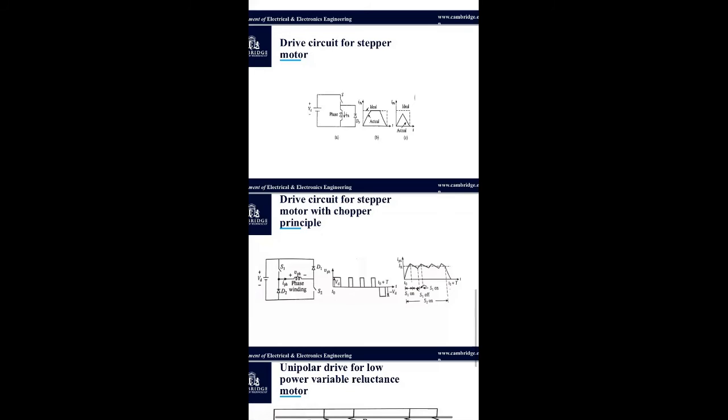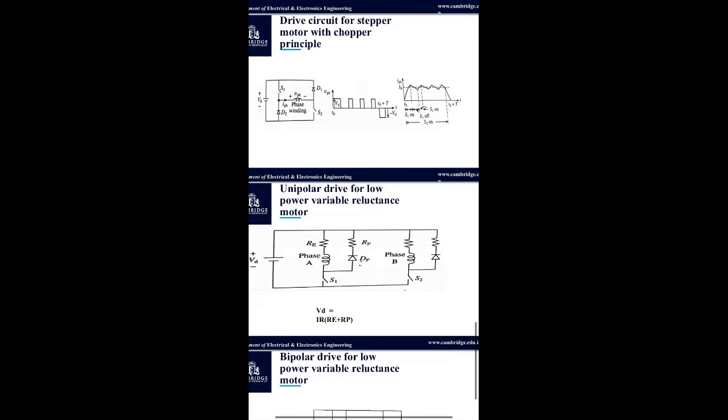First we will learn what is unipolar drive and then later come to the chopper principle. In case of variable reluctance motor, phase currents need only be switched on or off and the current polarity doesn't matter. A simple unipolar drive circuit is shown here for a low power two-phase variable reluctance motor.